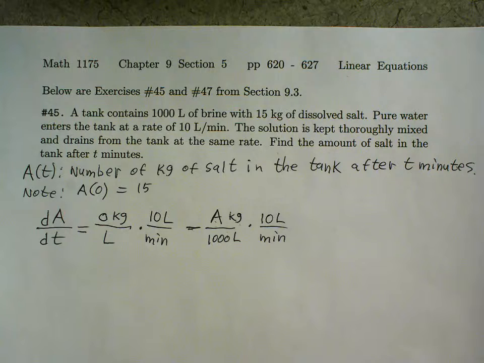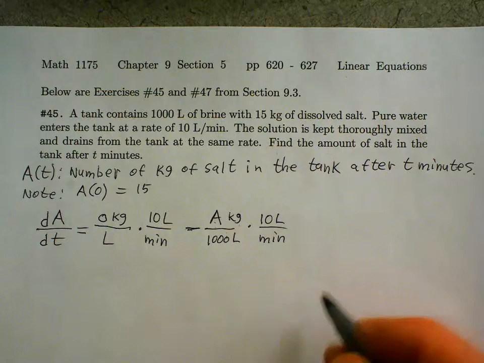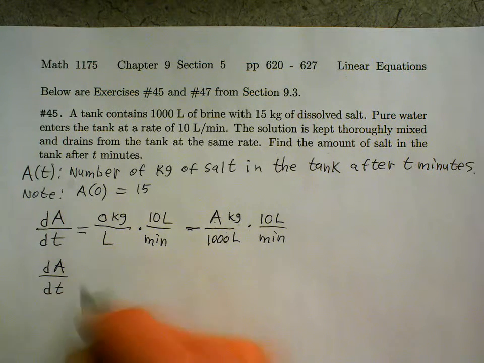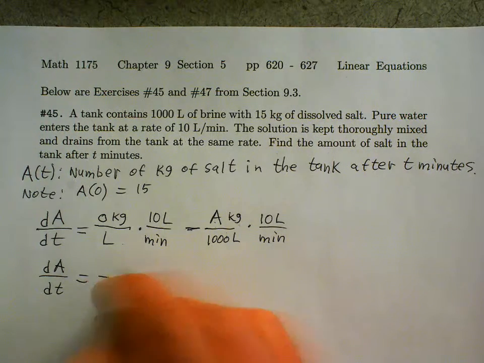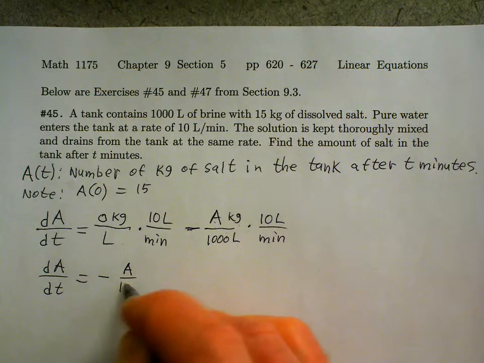Okay, so we'll write the differential equation without the units. So dA dt is just 0 minus A over 100.